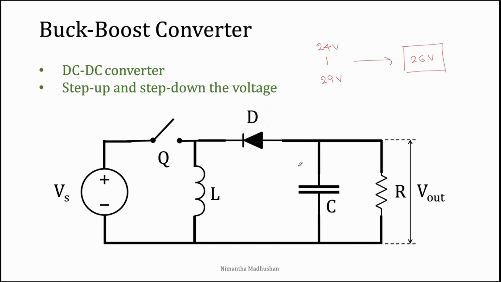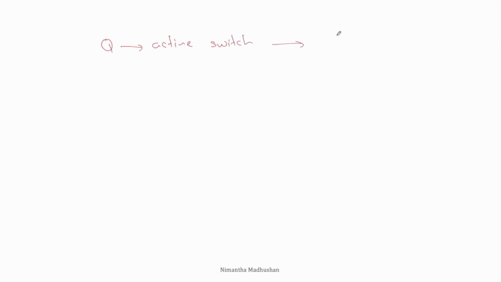Then we can discuss the operation of switch on and switch off times. And this Q acts as an active switch. We can operate it with higher frequency value based on our application, and this diode acts as a passive switch.